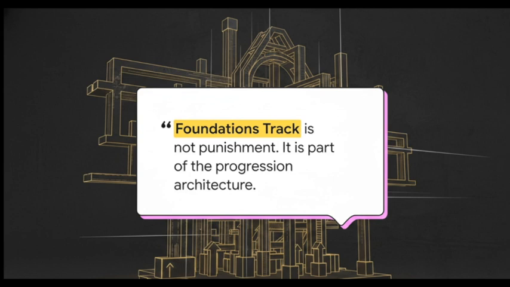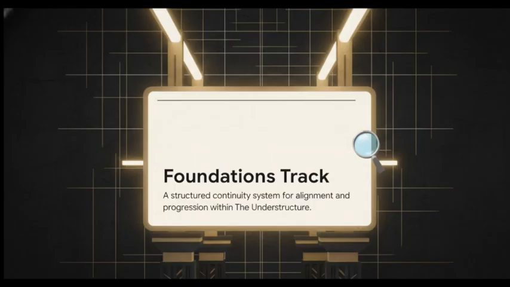We've literally got to strip away any of that stigma you might have about taking a step back or reviewing. This system isn't here to penalize you. It exists for responsible, intentional advancement, built on the simple fact that true progress requires a rock-solid footing. So, by definition, the foundations track is a structured continuity system. It gives targeted access to participants to guarantee they're perfectly aligned within what's known as the understructure.